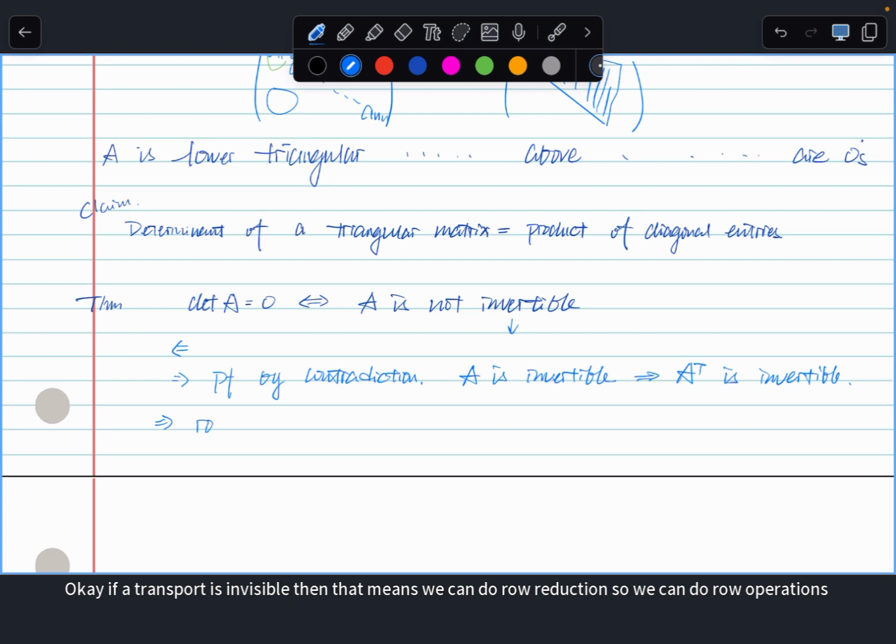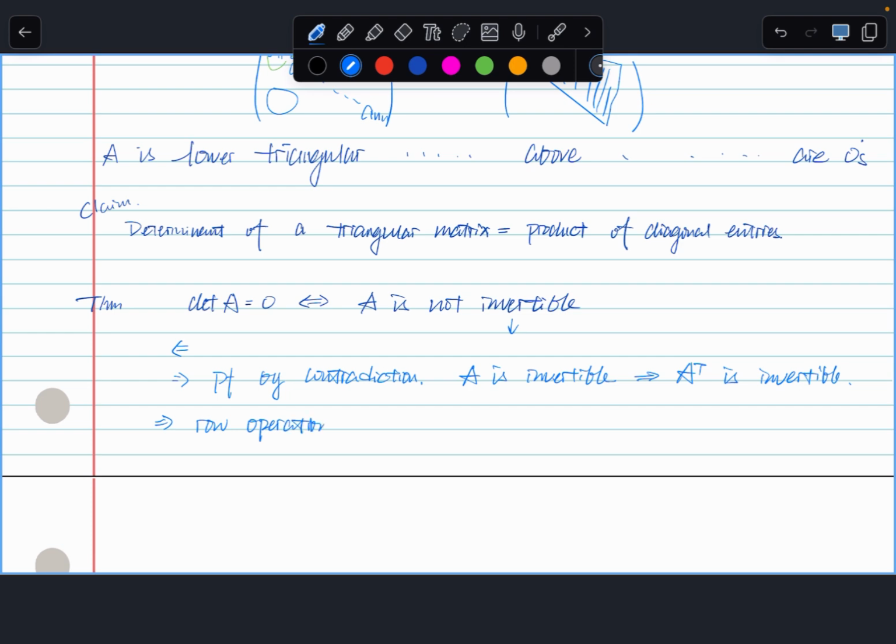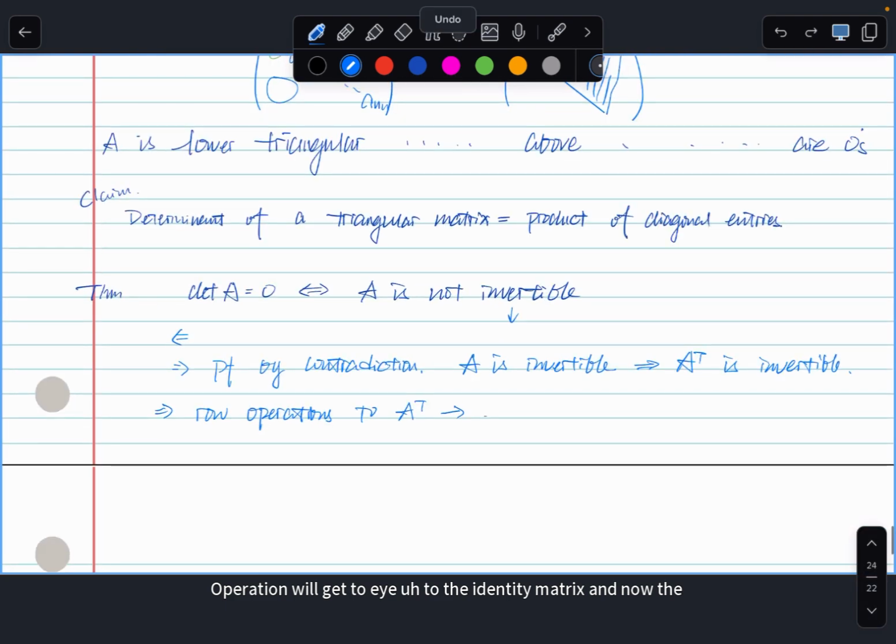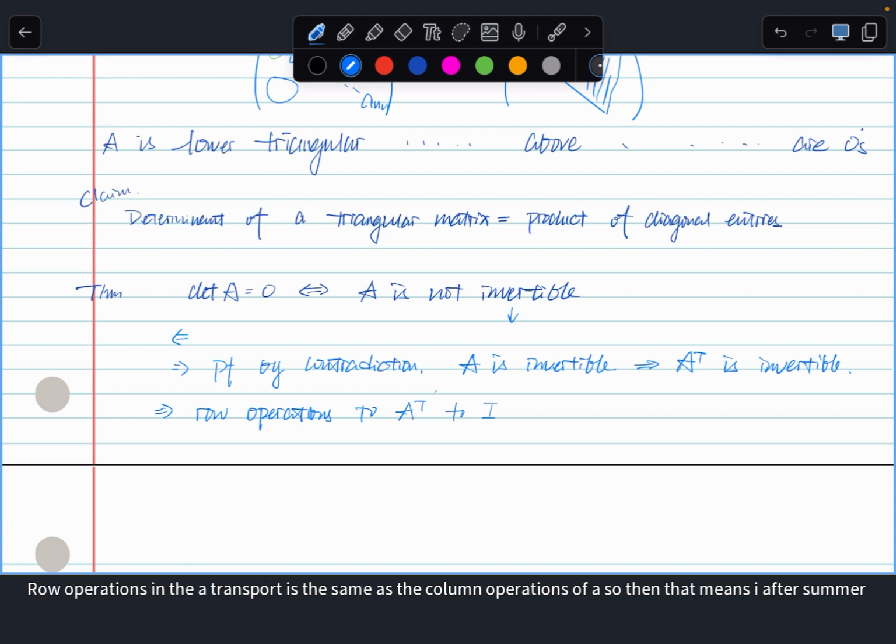So we can do row operations on A transpose so that after the row operations we get to the identity matrix. And the row operations on A transpose are the same as the column operations on A.